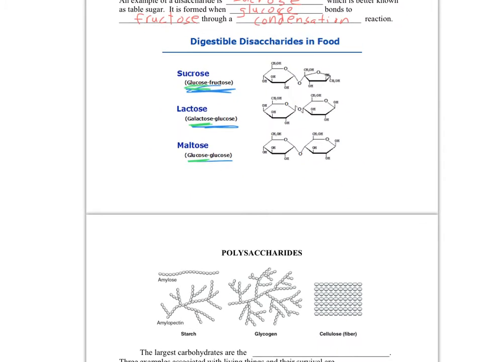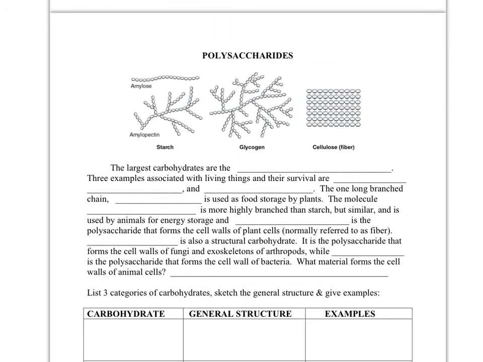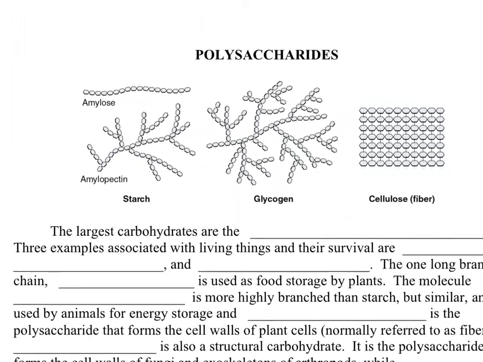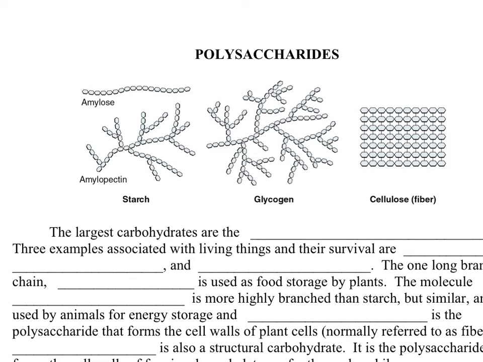So there's the disaccharides. All right, next page. Polysaccharides. Okay, so take a look at these. What do you notice? What's the difference between amylose and amylopectin? Okay, so amylose is just a single chain of monosaccharides.